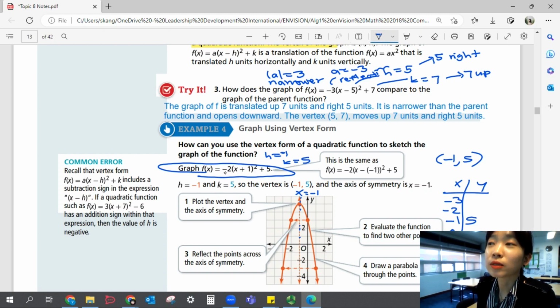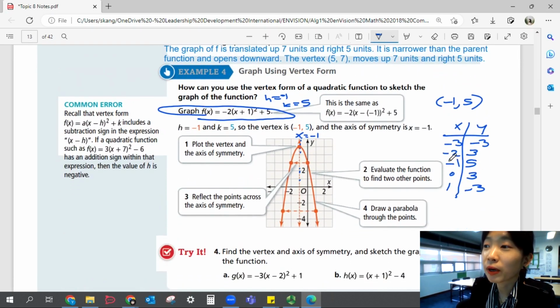So times that is -2, plus 5 is 3. And then 0, same thing. 0 plus 1 is 1, squared is 1, so times that and plus 5 is 3. And then 1 plus 1 is 2, 2 squared is 4, 4 times -2 is -8, plus 5 is -3, and same for -3 for x as well. So then you plot the points and then you draw a curve through them. Okay? That's how you graph it.